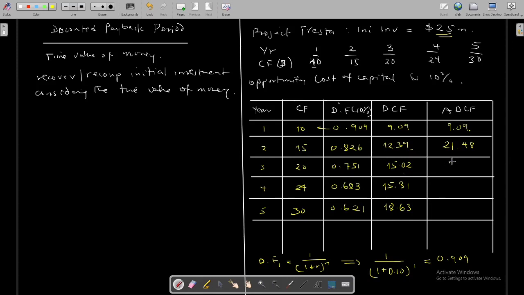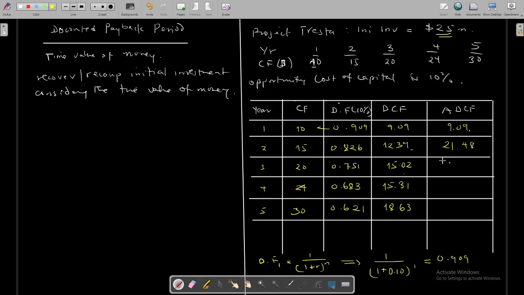We need to add about 3.52 in order to get 25 million.